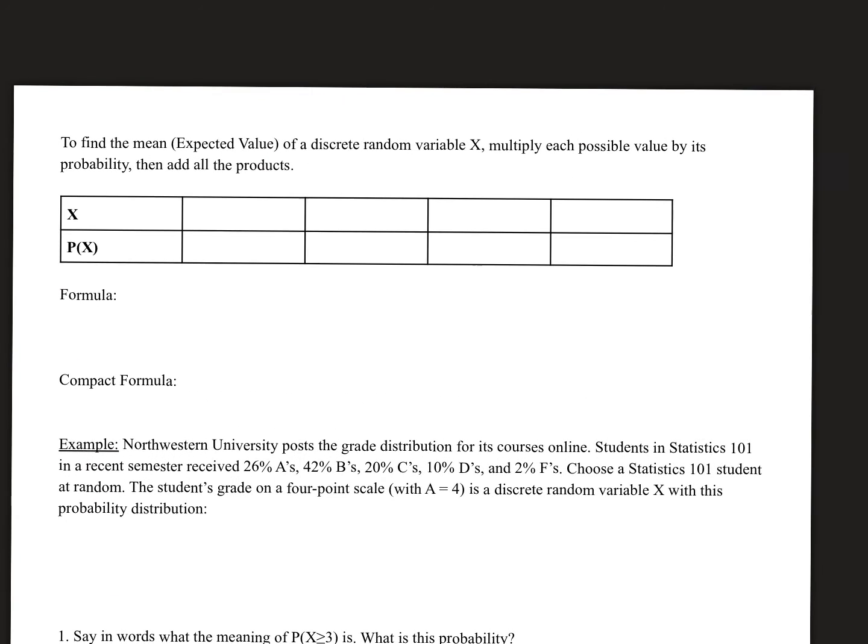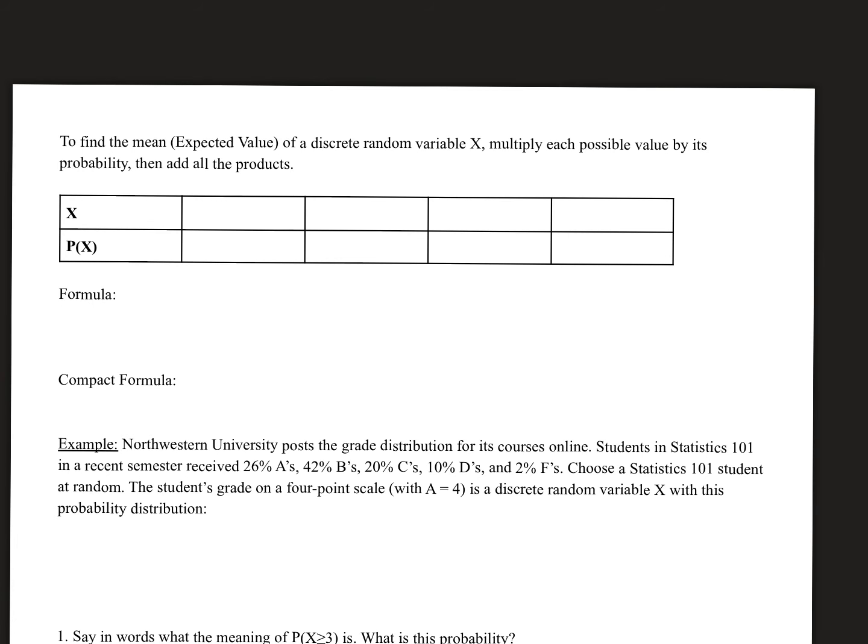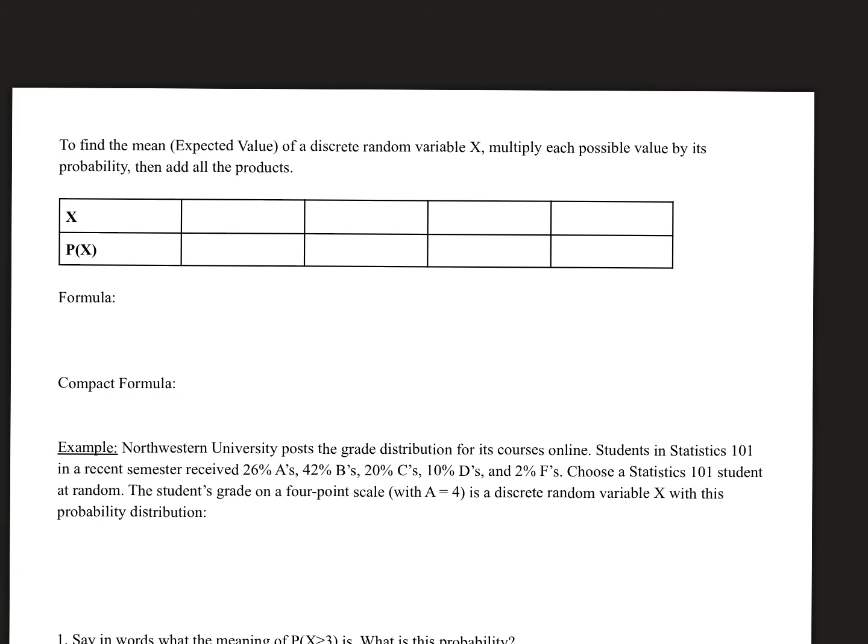So to find the mean, we go back to our table. If you have your table, you have your values x1, x2, all the way up to xn. You have your probabilities all the way up to whatever your probability is. The formula for mean is to multiply the value by its probability.